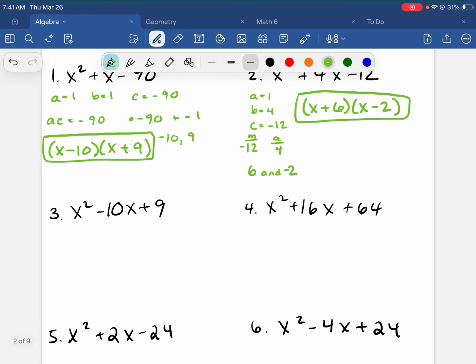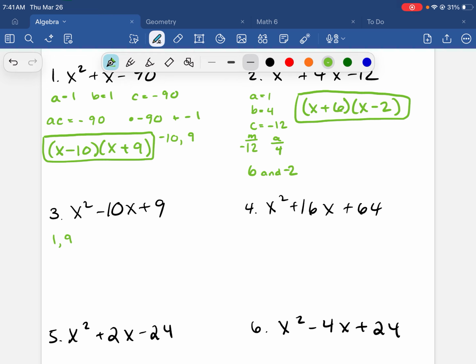For number 3, a is 1, b is negative 10, and c is 9. I want two numbers that multiply, so two factors of 9 that add to negative 10. Think about that for a second. So two numbers that multiply to 9 are 1 and 9.